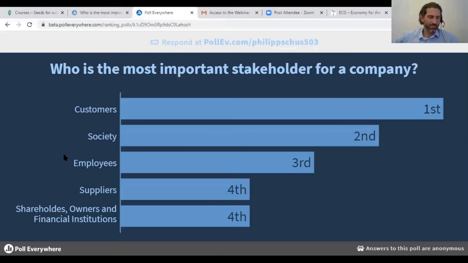You also have to say, the customer is king, so probably that's what we always have in mind. When we talk about sustainability, we think of the effect on society, so it makes perfect sense that the second highest answer in this poll, I'm not saying it's representative, but still interesting, is society.